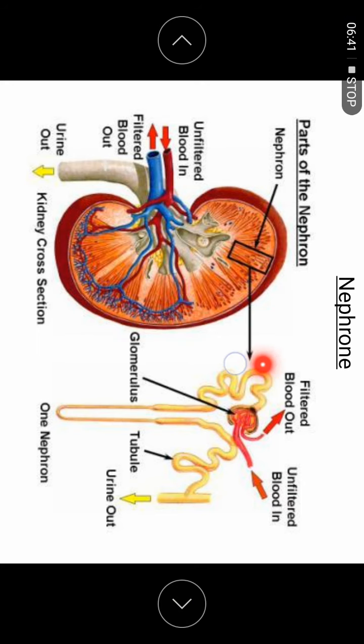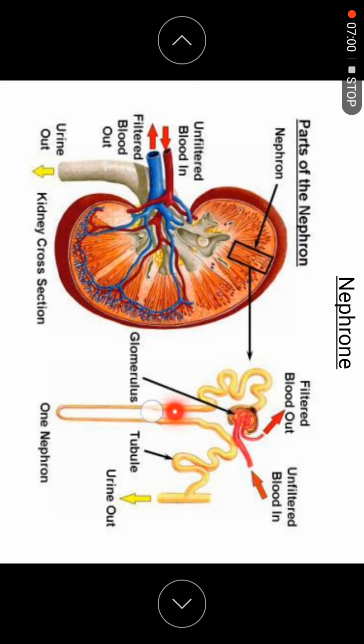So what we can say here, see, this is one nephron. You imagine this unit is repeating, millions of them repeating in here. You see this box? Millions of them are inside the kidney to do the filtration process.